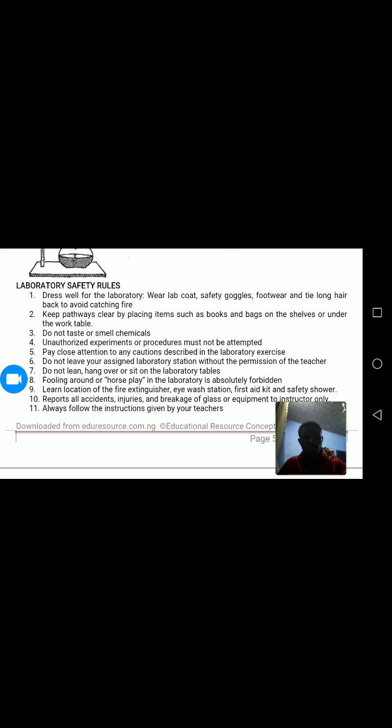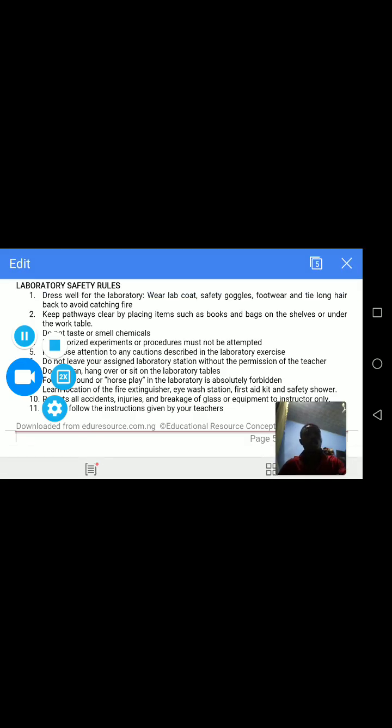All right, next let's look at laboratory safety rules. A lab, just like some special locations, is a place that contains both good and dangerous substances. So there are substances in the laboratory that are dangerous.